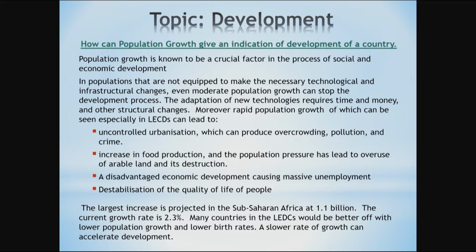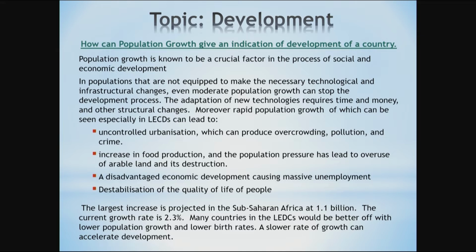and we can see that the largest increase is projected in sub-Saharan Africa at 1.1 billion. The current growth rate is 2.3%. Many countries in the LDCs would be better off with lower population growth and lower birth rates. A slower rate of growth can accelerate development.